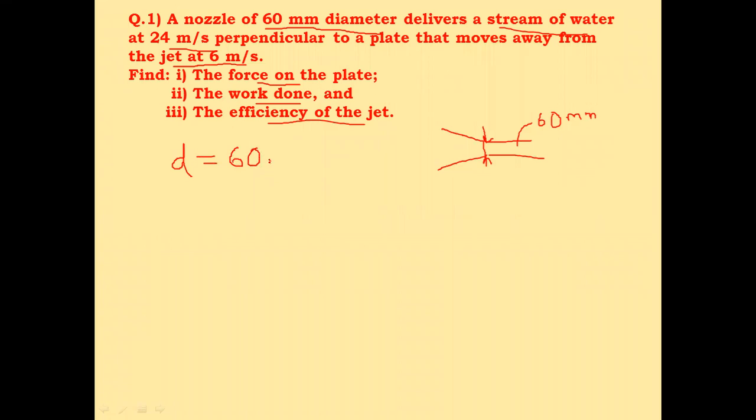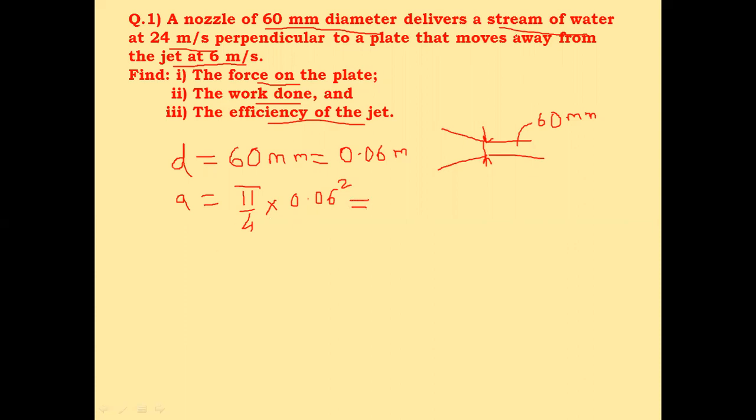From that we will find out the area of the jet, which is pi by 4 into 0.06 square.